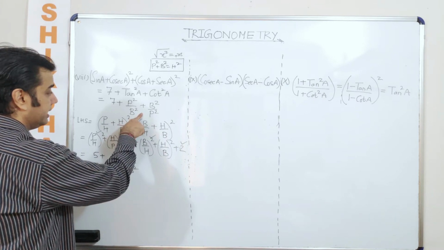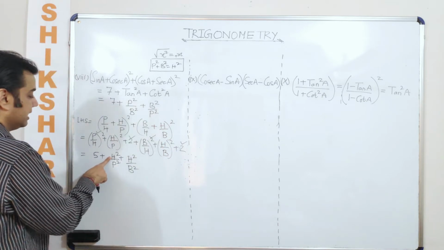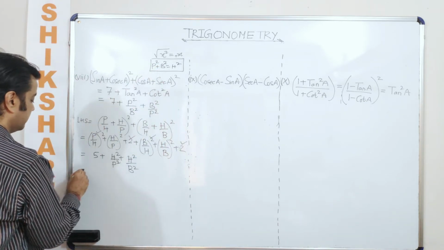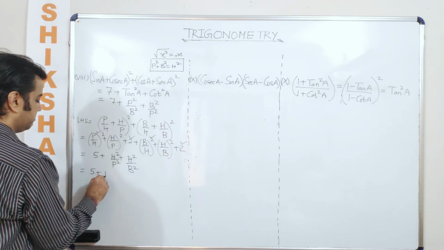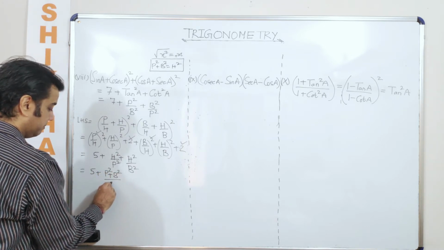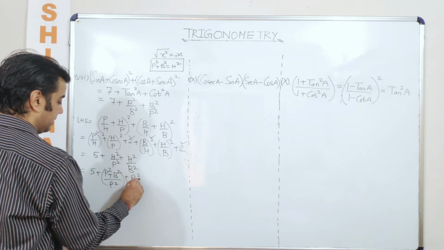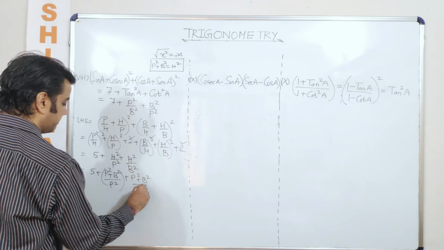I know that the right hand side value should not have an h in it. So in that case, I'll convert using Pythagoras theorem. I'll say this is nothing but 5 plus p square plus b square divided by p square plus p square plus b square divided by b square.